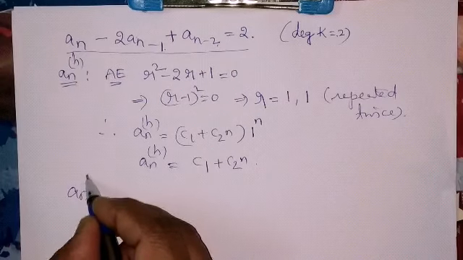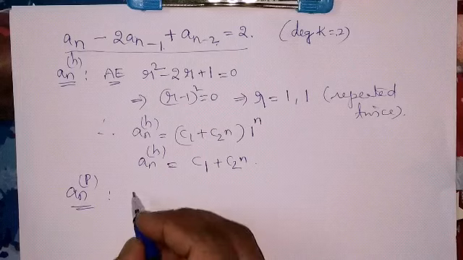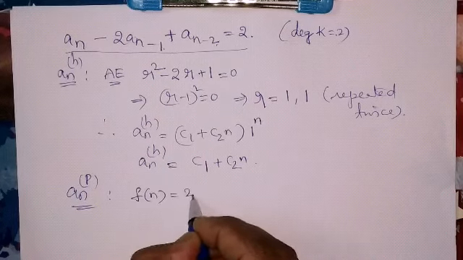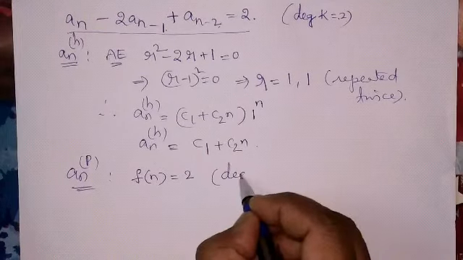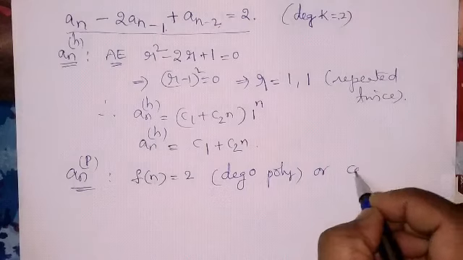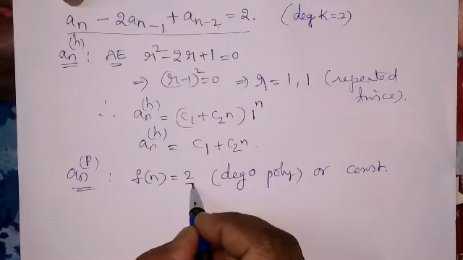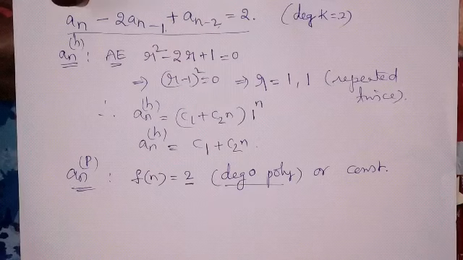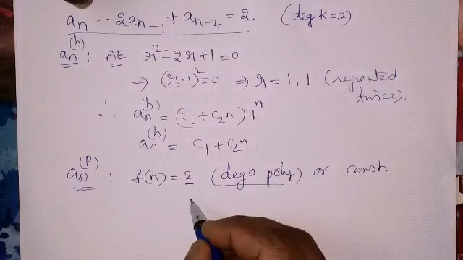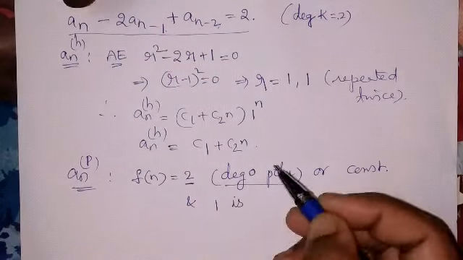Now to get the particular solution part a_n power p, we make a guess based on the given f of n. Given f of n is equal to 2, it is a degree 0 polynomial, or a constant. Because it is a constant, we see whether 1 is a root or not. One more condition to be verified is whether 1 is a root or not.